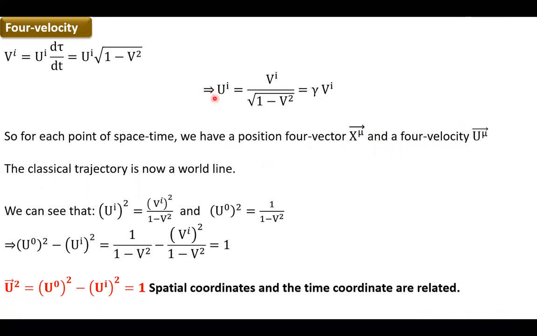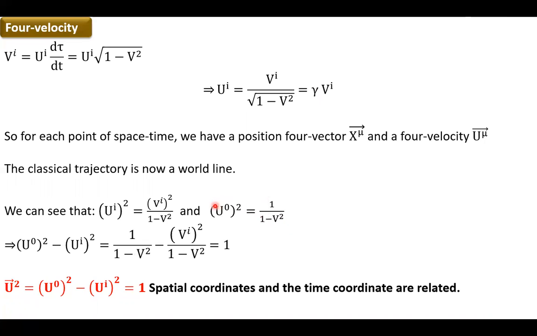If you take the square of ui, it is vi squared over 1 minus v squared without the radical. And u0 squared is gamma squared, so it's 1 over 1 minus v squared.